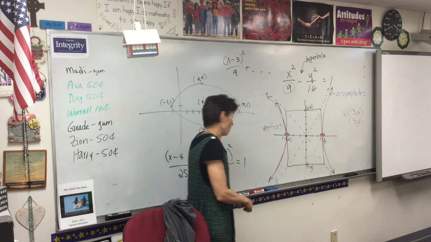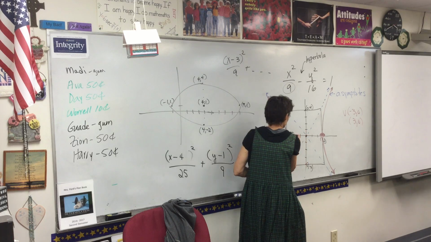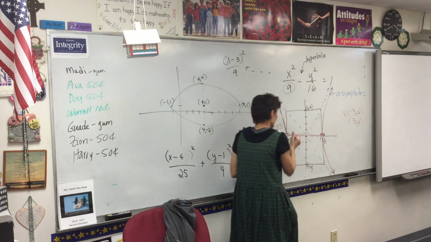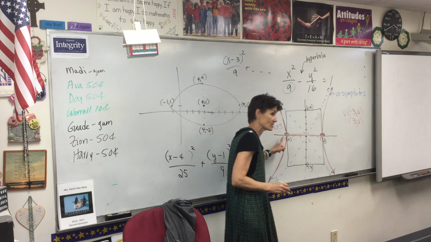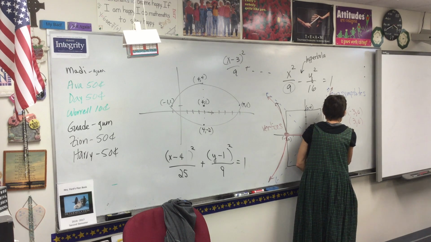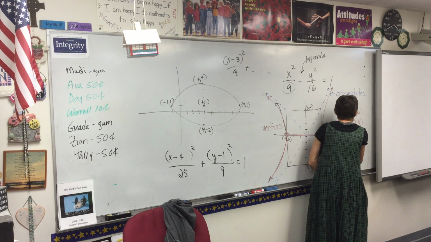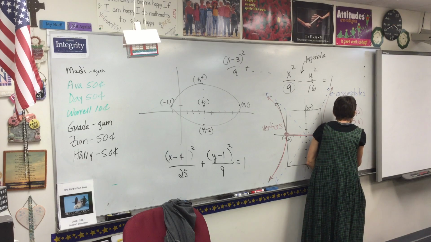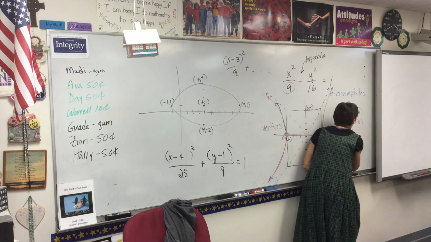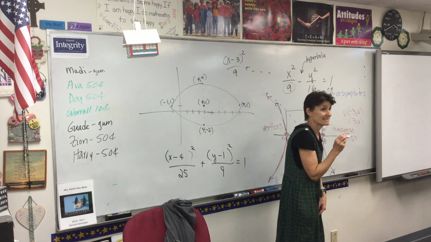Now, this axis that joins the vertices, everybody see what I'm drawing right there? That axis right there is called the transverse axis. And you will remember that because in the word is the ver for vertices.